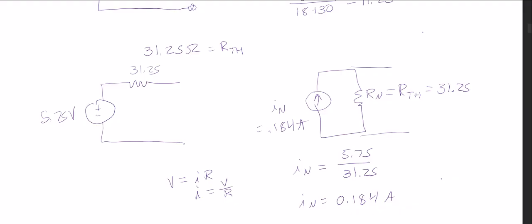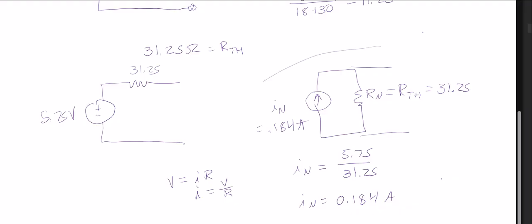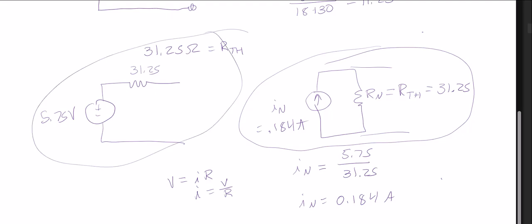Yes. How is B2 the same as the voltage source? Wait, so the Norton equivalent is the same as the Thevenin equivalent, except it's like a source transformation? Yes, exactly. All right. Yep.